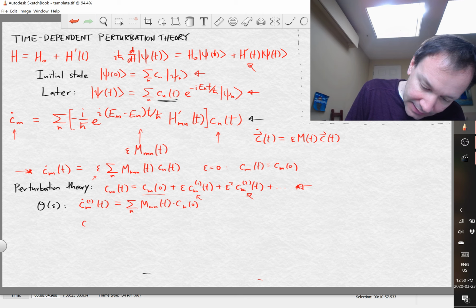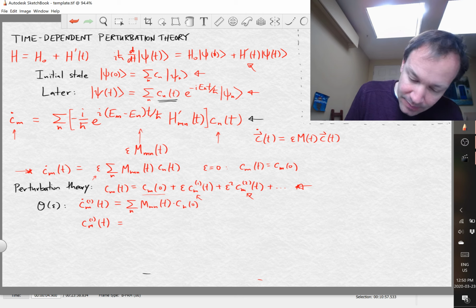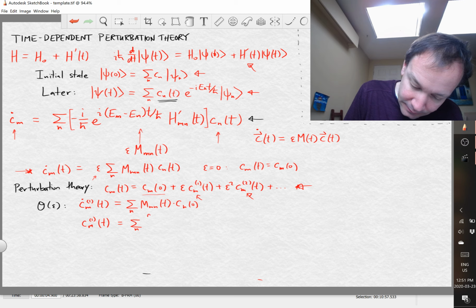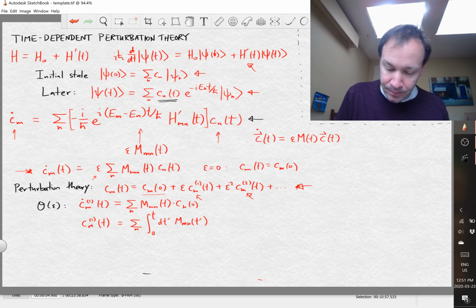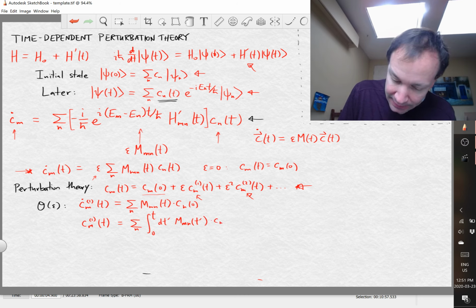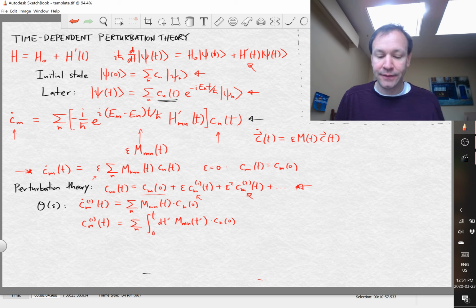So specifically, Cm1 of t has to be the integral of the right-hand side. I can write that like this: the integral of Mmn of t prime, times Cn of 0.